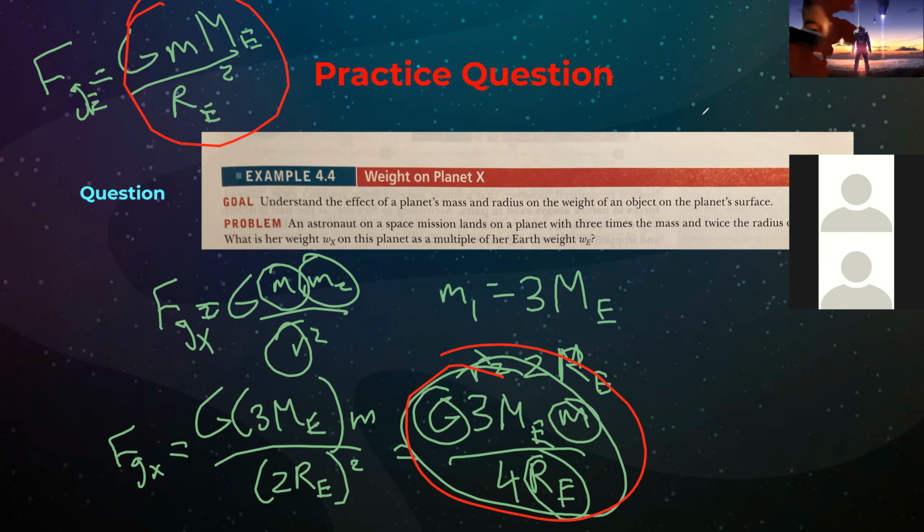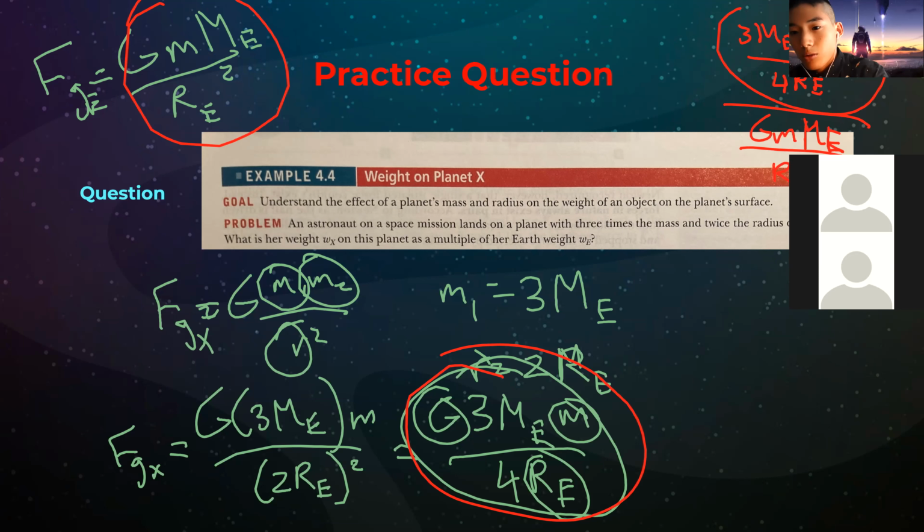So we get 3 M E G M over 4 R E, this entire thing divided by G M E over R E, right? This thing. And let's clear all this.